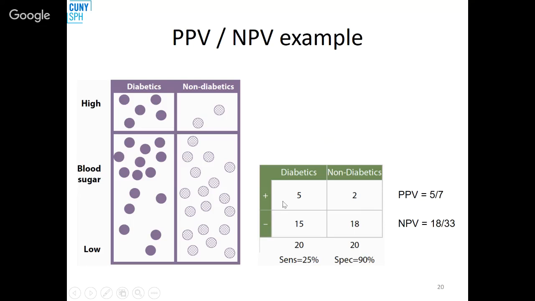And the negative predictive value is just the accuracy among the people who got a negative test, which is 18 out of 33 who received a negative test at this high threshold.